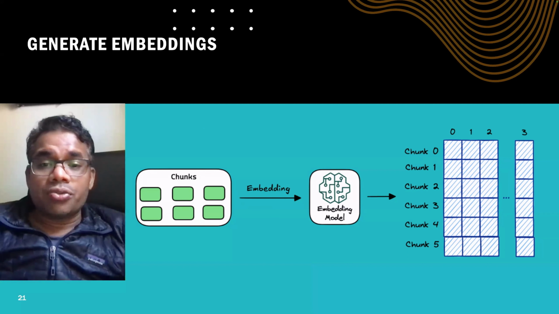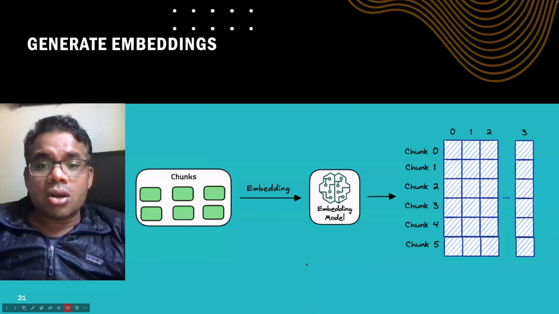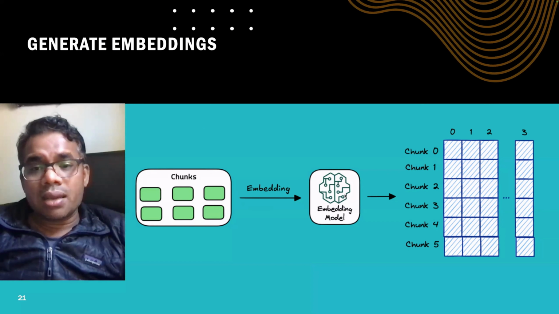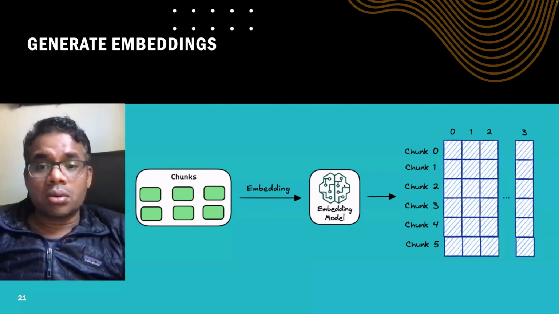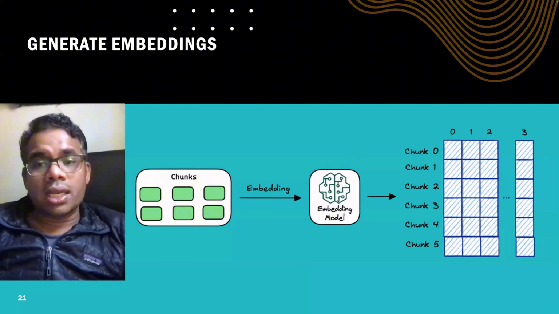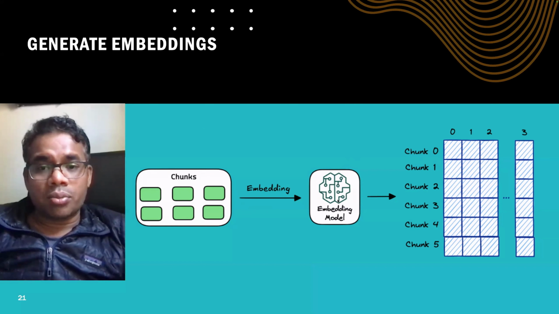If you see here, the chunks are there, and we are sending them into the embedding model. We can write our own embedding model to embed the data, or we can use a foundational model from open source, or any proprietary LLM, and then that will be converted into multiple chunks with embeddings, right?